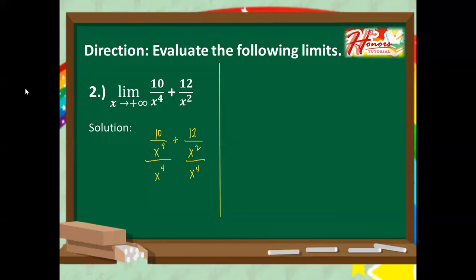Let's have 10 over x raised to 4, over x raised to 4 first. So let's have 10 over x raised to 4 divided by x raised to 4. As you can see, we can change x raised to 4 into a fraction. We will just write 1 below in the denominator.